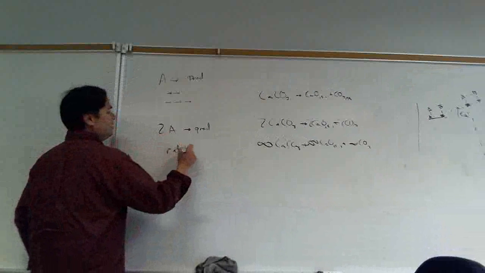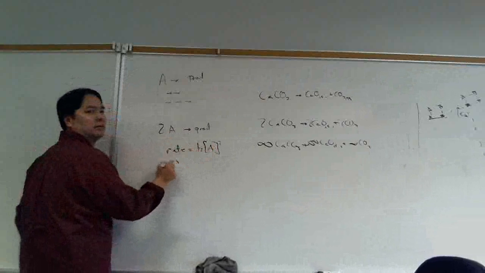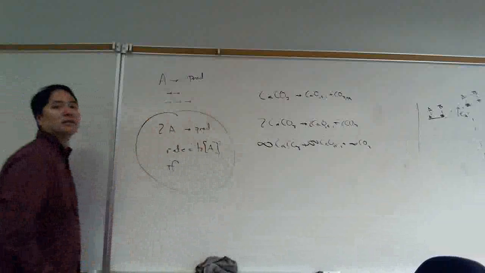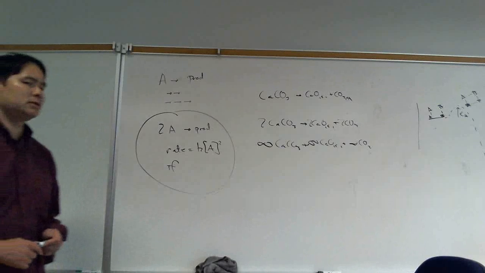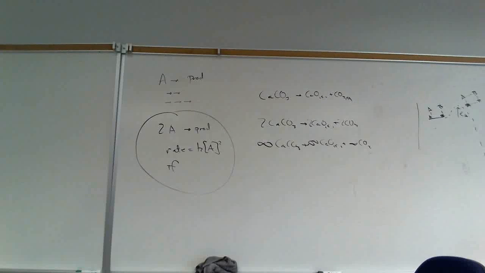That is, the rate is equal to k[A]^2 if what were true? If what? If it's a simple collision or another word for elementary step, right? If that were an elementary step, well, how could you know if it's an elementary step?